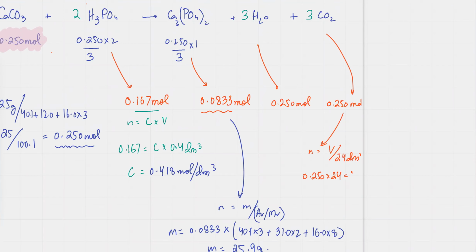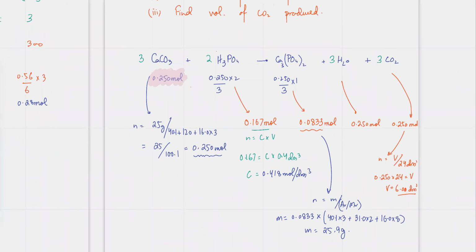And that's going to give you the volume, which is going to come out to be 6.00. Remember, keep the accuracy. It's going to be 3 significant figures, so it's going to be 6.00 dm cube.